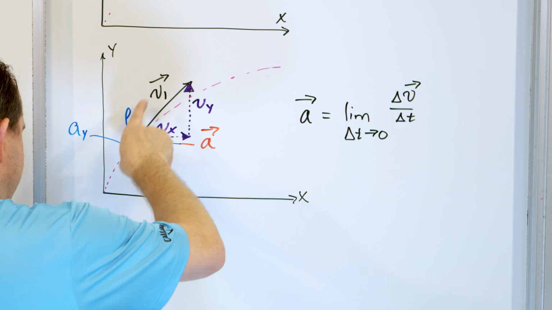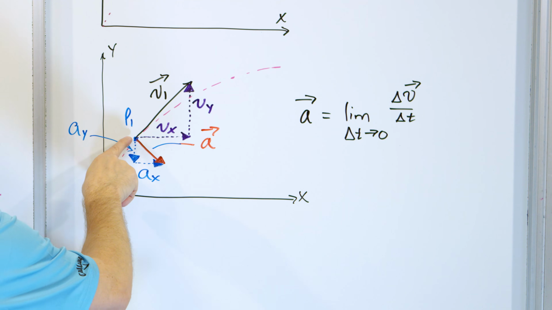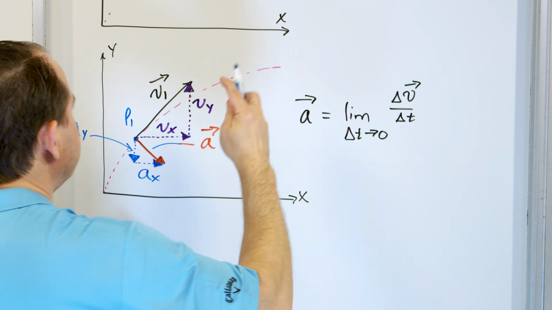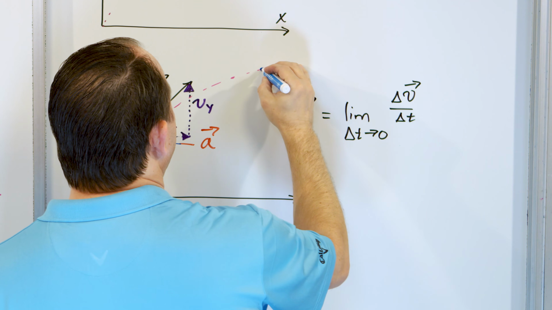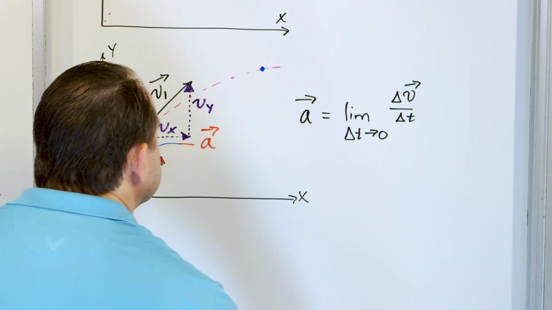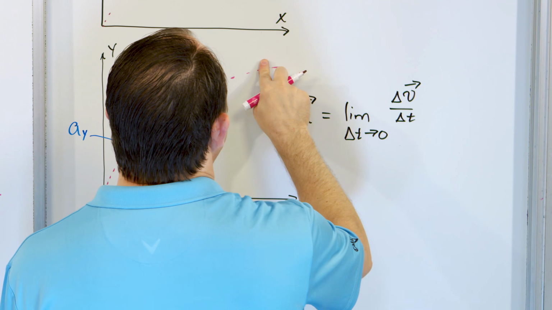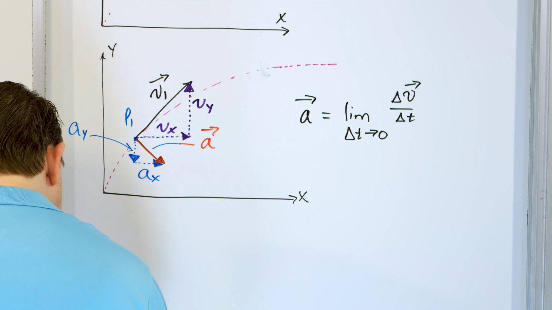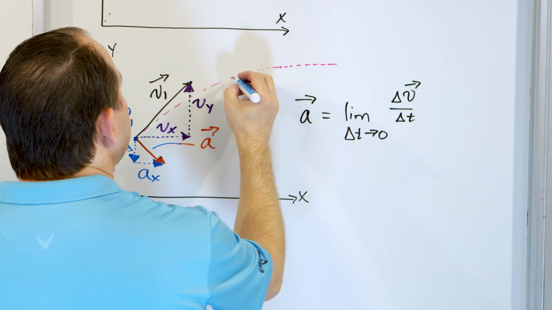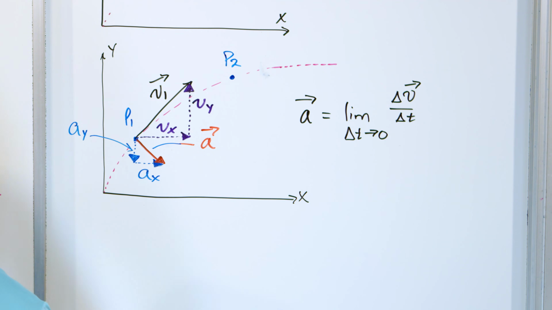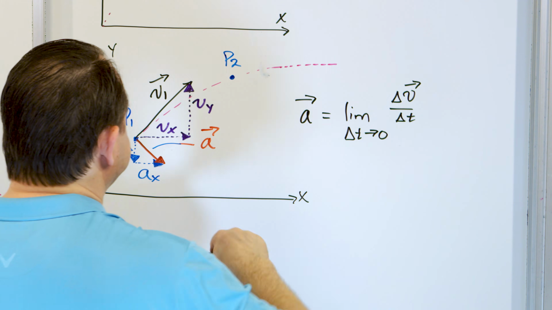So over here we have point P1, these are the components of everything, but let's go down the way and take some point in time later over here. Actually, I'm going to extend the path like this, and I'm going to call P2 somewhere right around here, right? So what would be going on in this situation down the way?